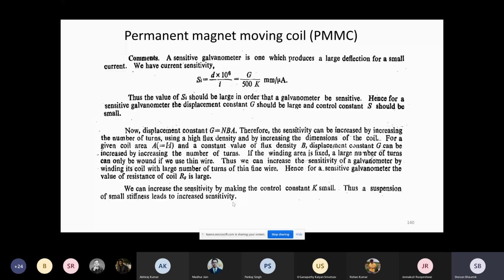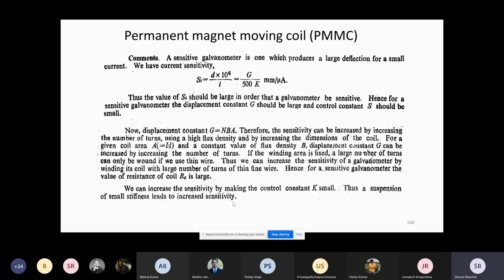So if the winding area is fixed, that means the former area is fixed, the number of turns can only be increased if we use thin wire. That is what I was telling. So to increase the sensitivity of the galvanometer, a large number of turns are used in the winding coil, and for that we use a very thin wire or fine wire.